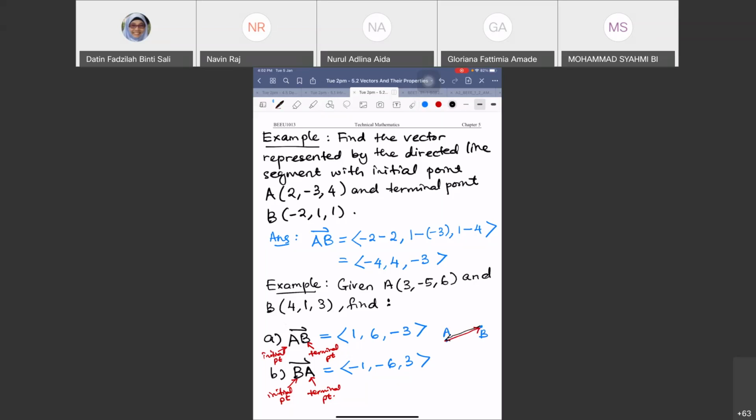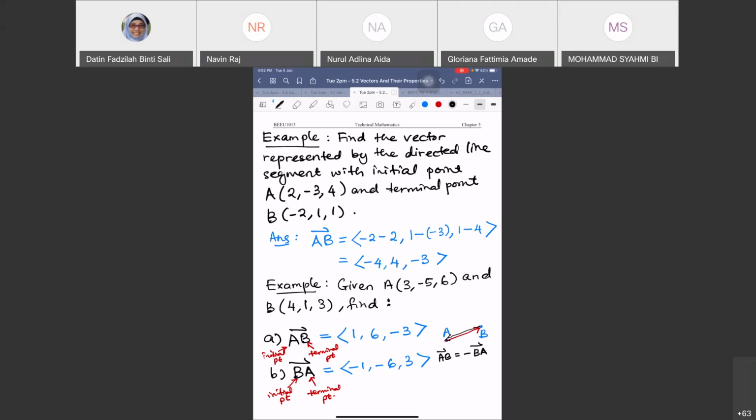So the difference is by minus 1. That means AB equals negative BA. So if you know AB, BA is just minus of each component.